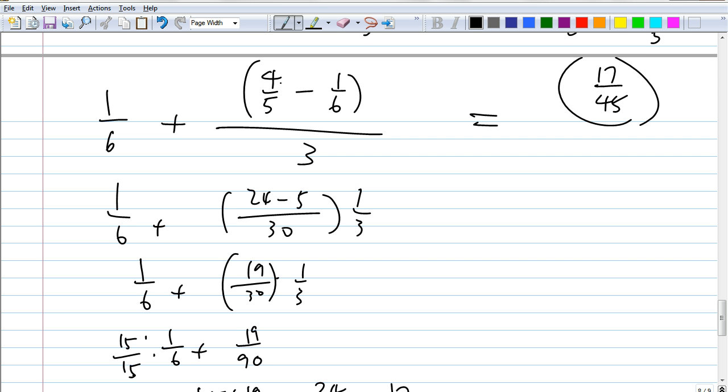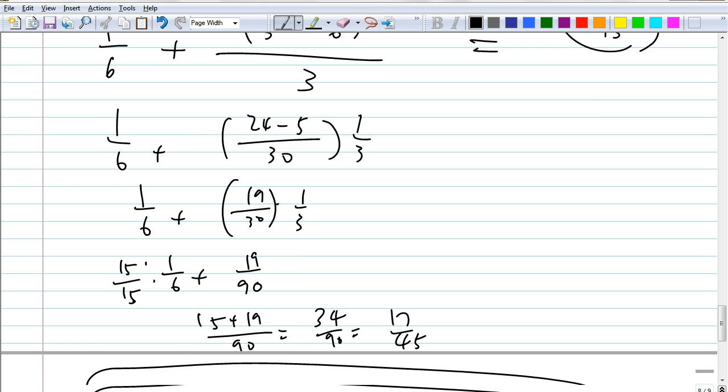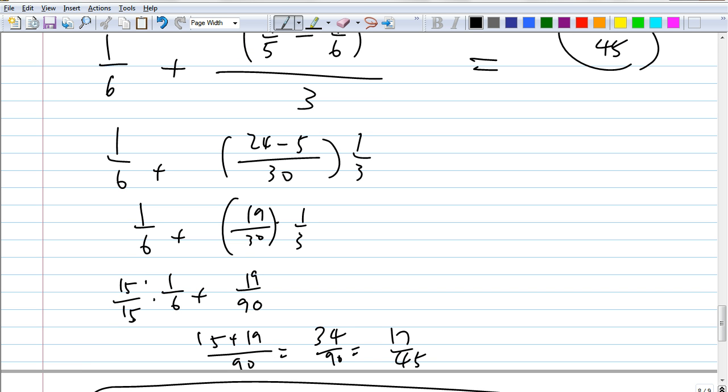So multiply top and bottom of 1/6 by 15. Don't we get 34 over 90, which is what, guys? 17 over 45, right? Any question?